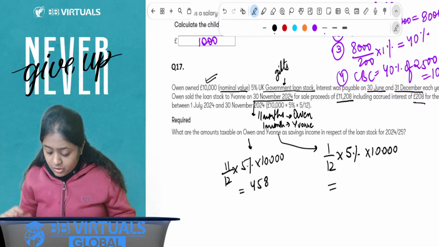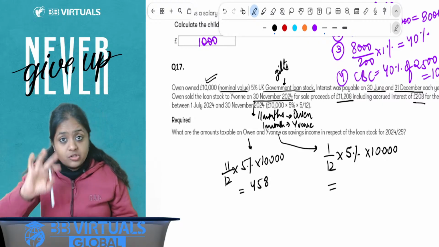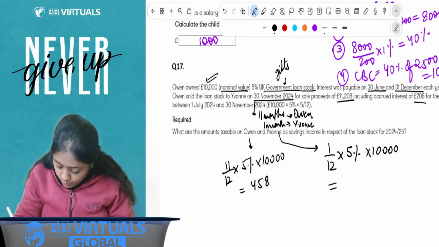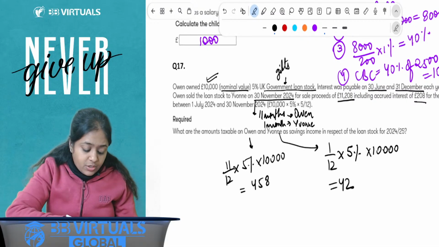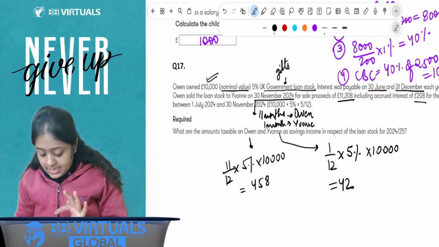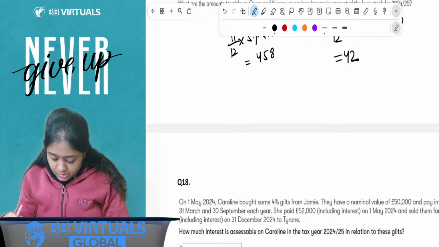Okay, you can always cross check because 10,000 into 5% is 500. So the total should be 500 only. Now 500 divided by 12 and I get here 42. When I add 42 and 458, I get 500. So my answer is correct and I've taken it for the correct months. Clear? Let's take the next one also.